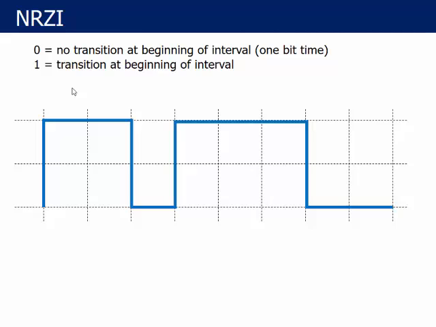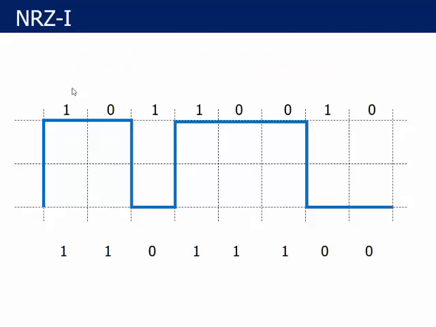Okay, and another algorithm that you might think is the inverse of that, which means if we have the data 10110010, then if there is a 1 bit, there is a transition, and if there is a 0 bit, then there is no transition.